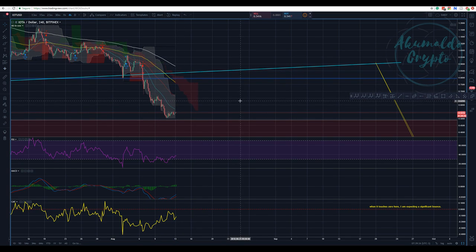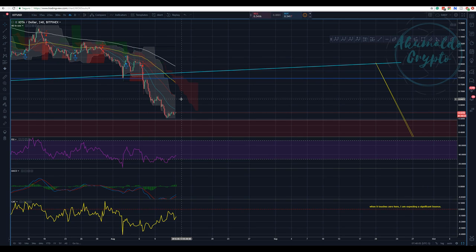We have, for instance, this Ichimoku cloud here showing that we're gonna have resistance at those regions, that we're gonna have sell pressure. We have the Keltner channel here with the Bollinger Band as well, showing us the price that it might get. This is the 55 EMA together with the Keltner channel.